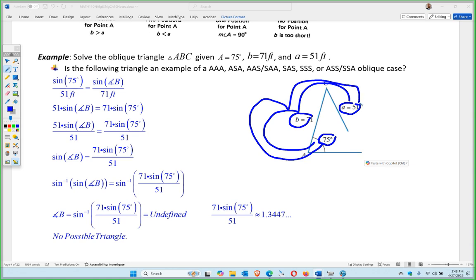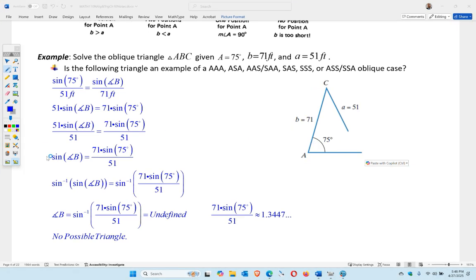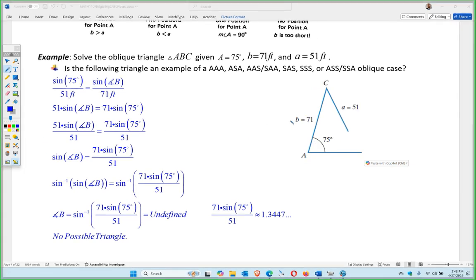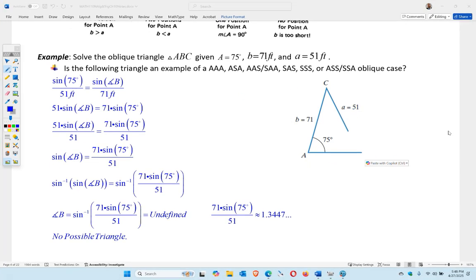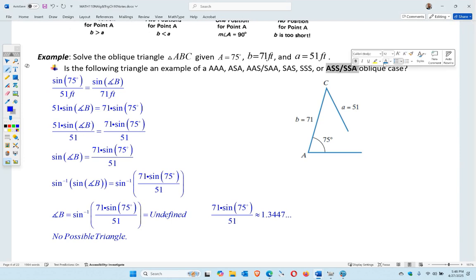I can't go the other way and start with some other side like this. I can't go side, angle, side, because I skipped a side to go to another side. Again, can't skip a side to go to a side. So this is, in fact, the ASS case. Okay? All right, that's the end of part 2.